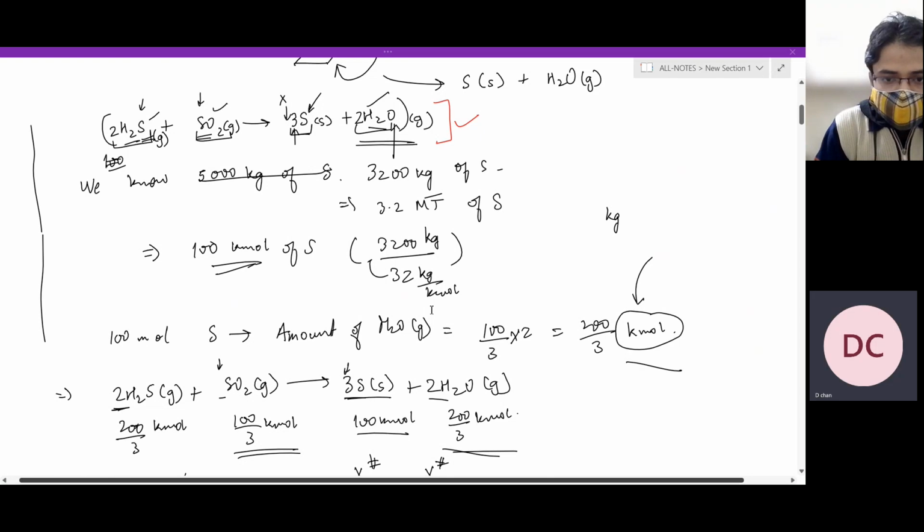I'm finding this hydrogen sulfide problem. Where is it? Oh yes, here we go.